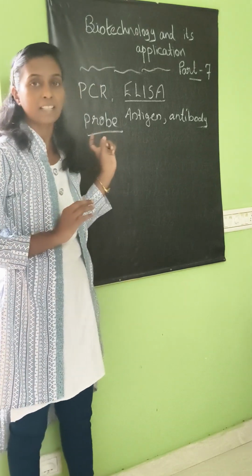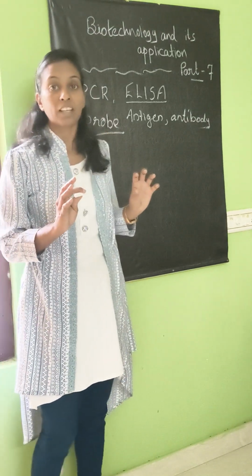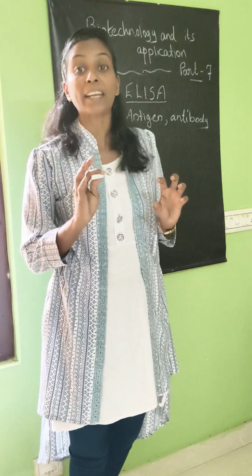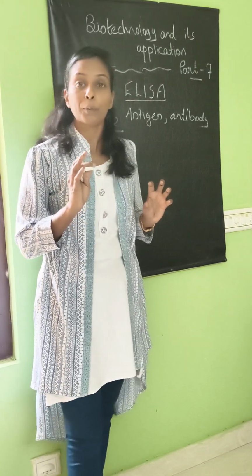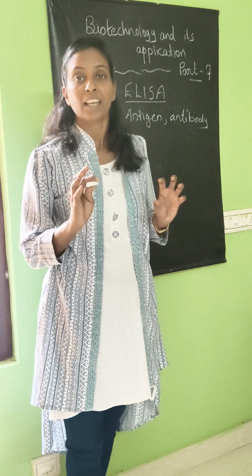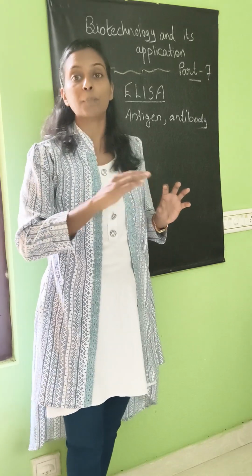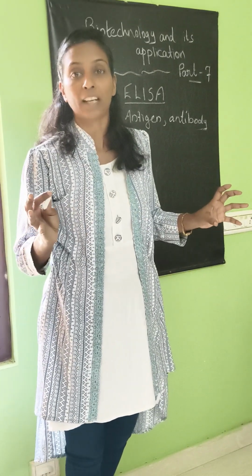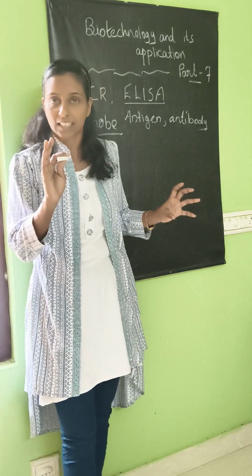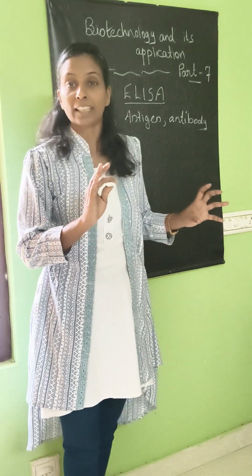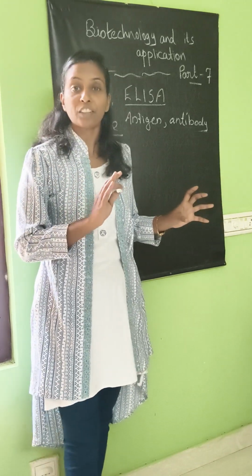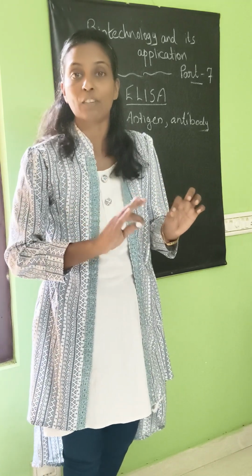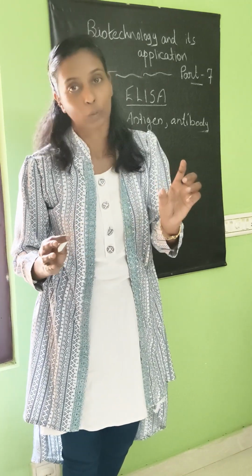Where the probe is moving, if any mutated gene is there, it cannot be detected in the photographic film. If it is not mutated, then the single-stranded DNA will be complementary to the particular strand.